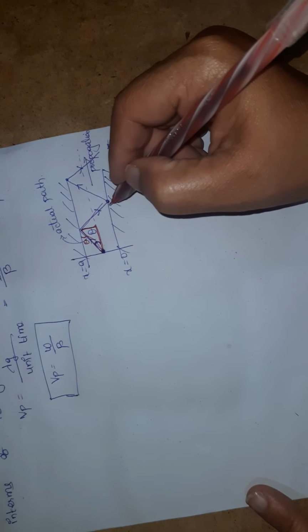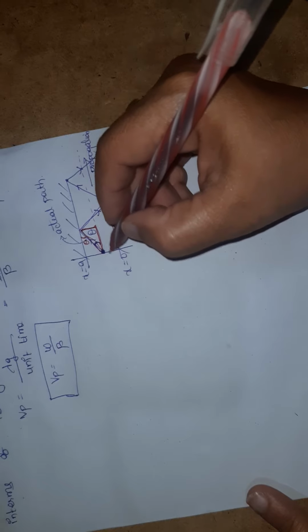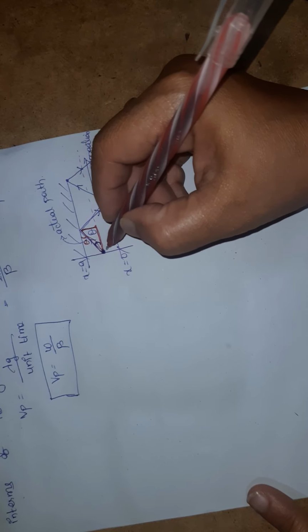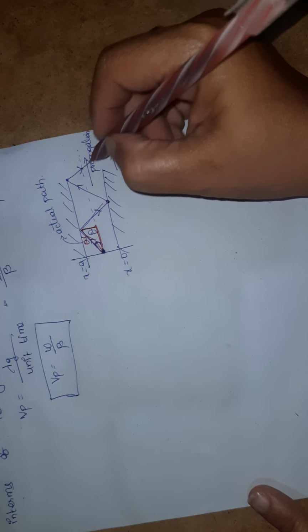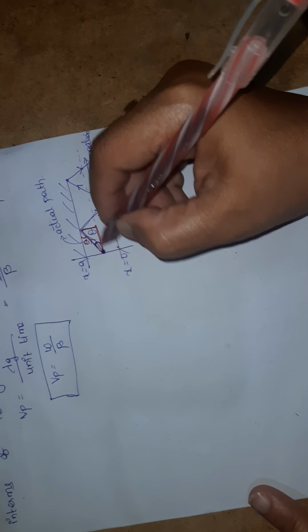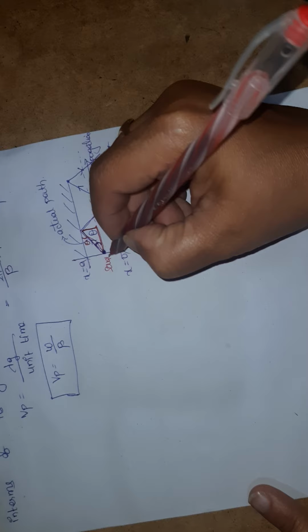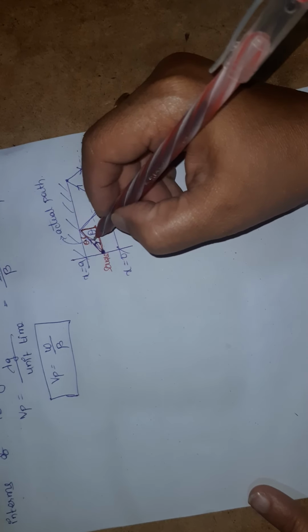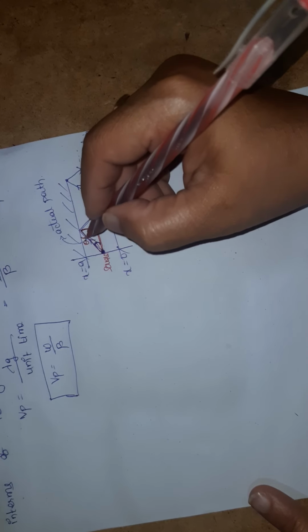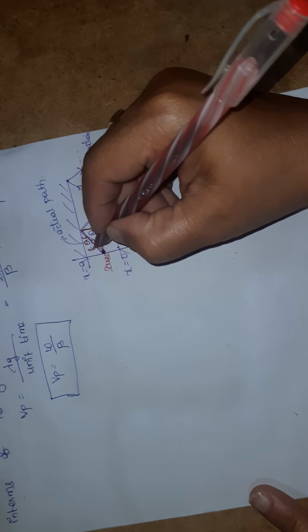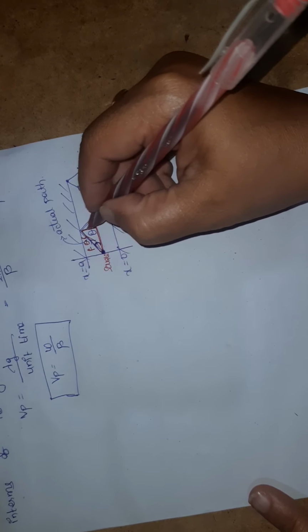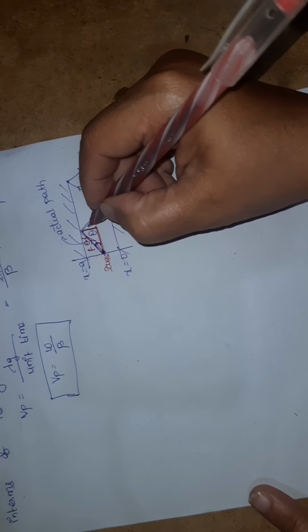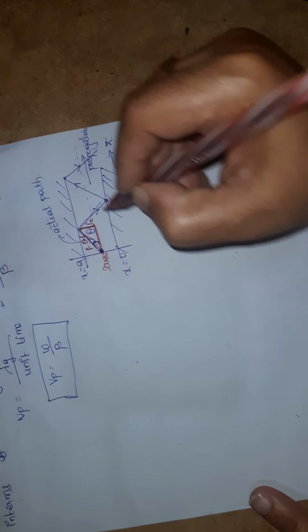The actual path starts from the source and is represented with the frequency f, the wave reflecting like this. If I draw a perpendicular line, it will have the frequency component fc, that is, the cutoff frequency.